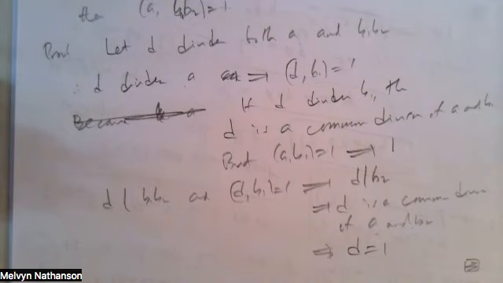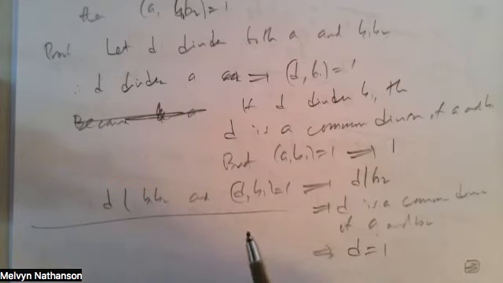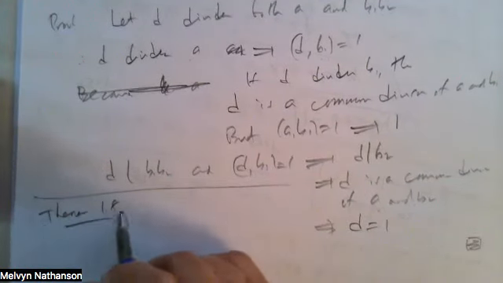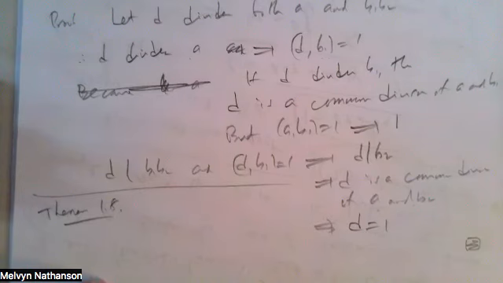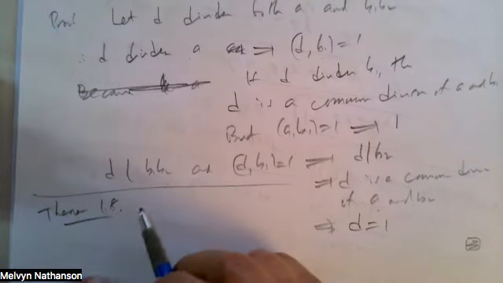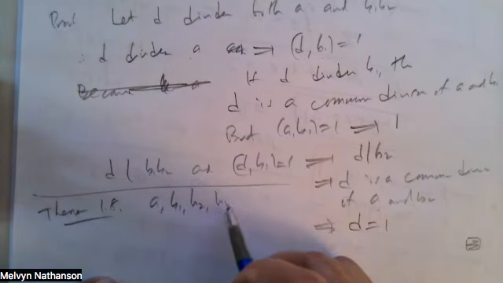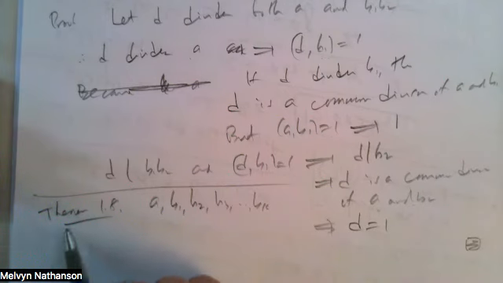And a consequence of this, which will be the first thing I prove on Wednesday, it's in the text, theorem 1.8. We have integers A, B1, B2, B3 up to B sub k. It's a finite set of integers.